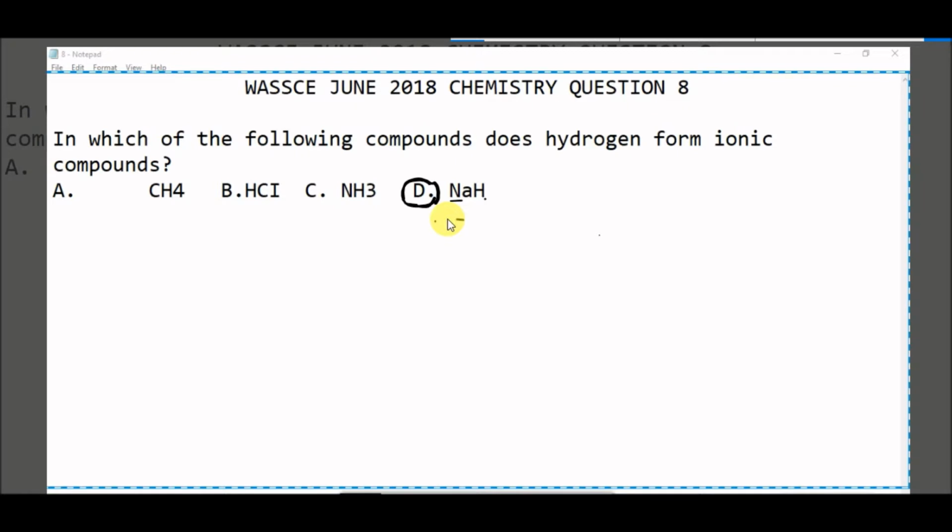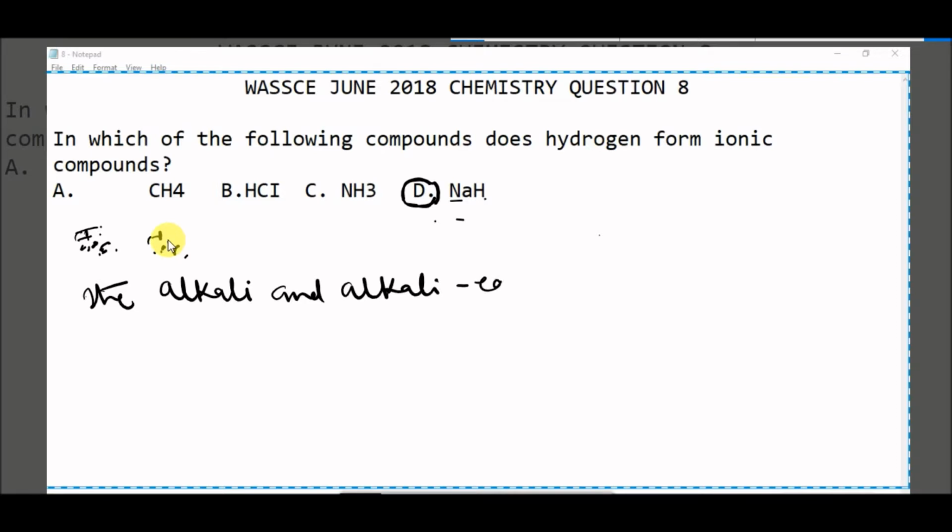So when you check hydrogen and its compounds in your textbook, you'll be able to see the fact that I just mentioned. And as a way of getting that note, you can write: the alkali and alkali earth metals.